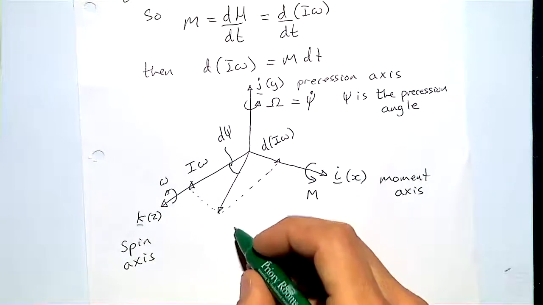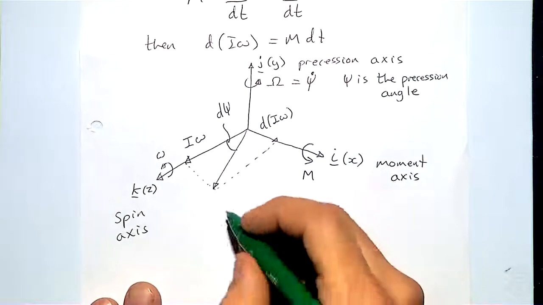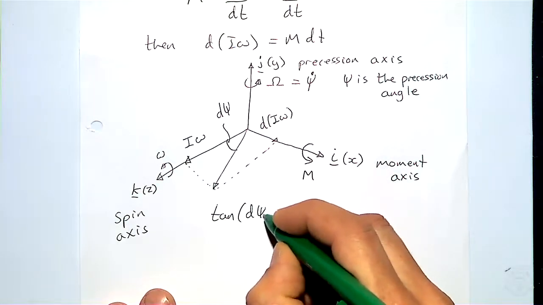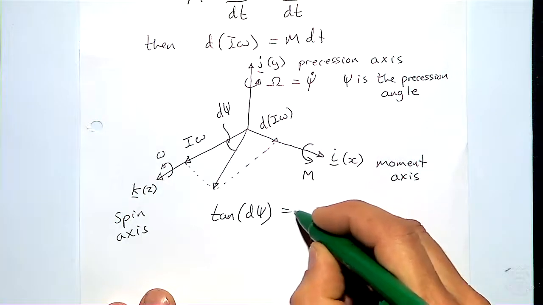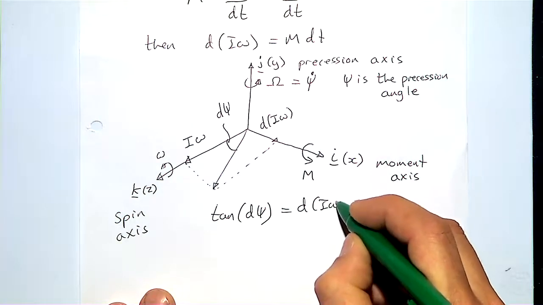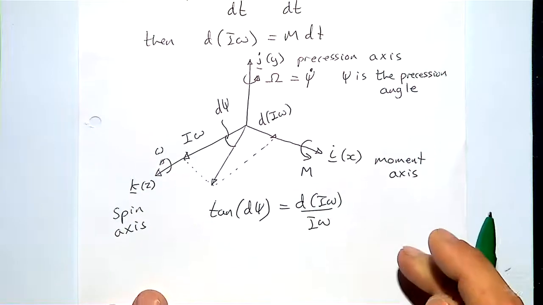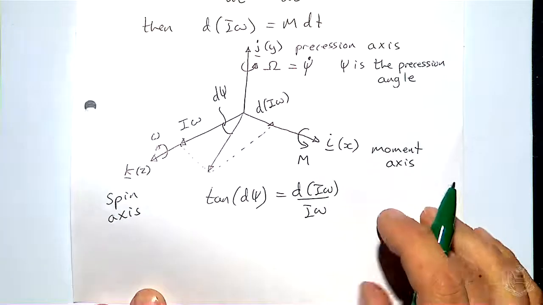And so from that 3D space we can say that the tan of d psi is equal to dI omega over I omega, and we've defined d psi to be small.